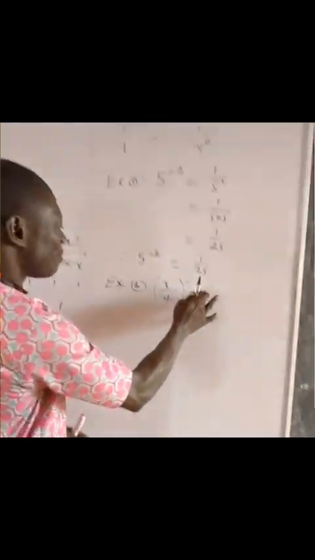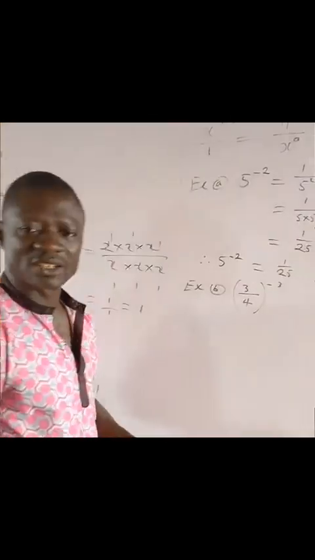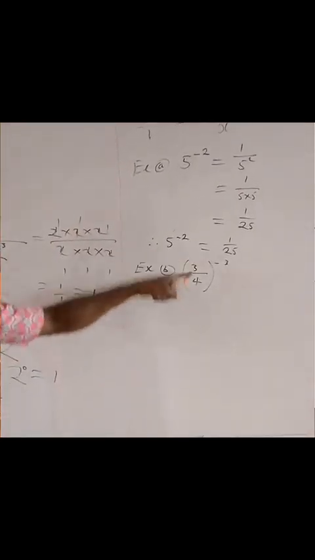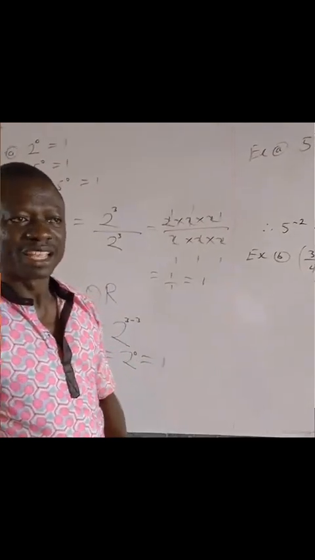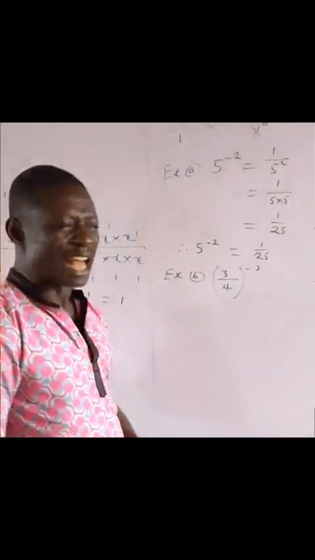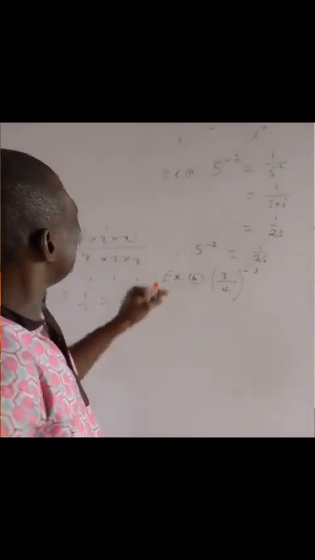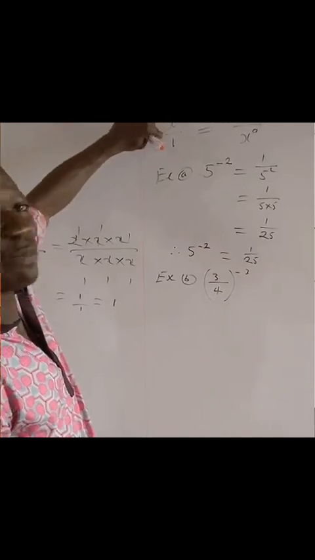Let us see if we use raised to power minus 3. Assuming we have this, what are we going to take it to be? Are we going to say 1 over 3 over 4? That may be a little confusing to some people that are just starting calculation. And so it is better we take it the way we talked about it.